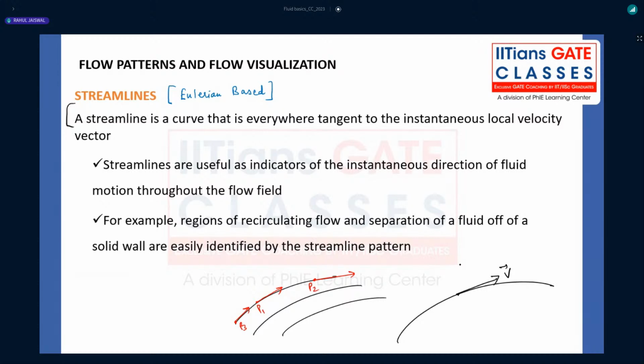Those cases can be easily identified by the patterns of the streamlines, right? For example, suppose you take a diffuser. What is the purpose of the diffuser? Anyone know?